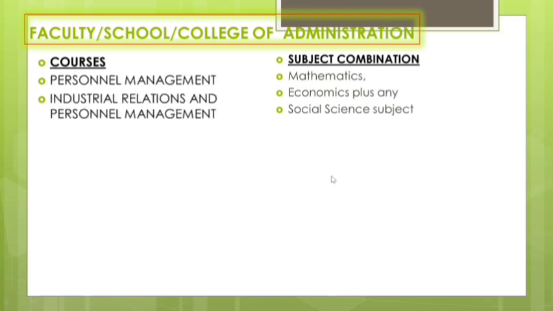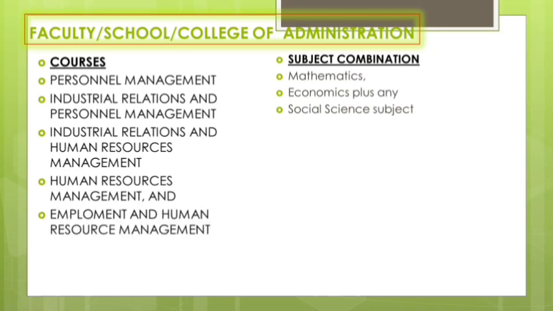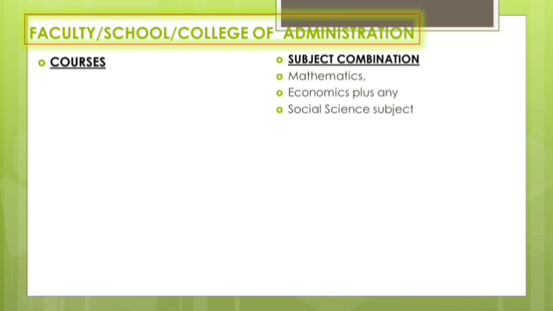Are you a candidate applying for personnel management, industrial relation and personnel management, industrial relation and human resources management, and employment and human resources management? These are your JAMB subject combination, mathematics, economics, plus any social science subject.